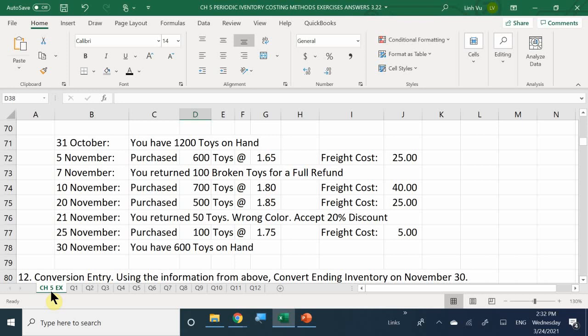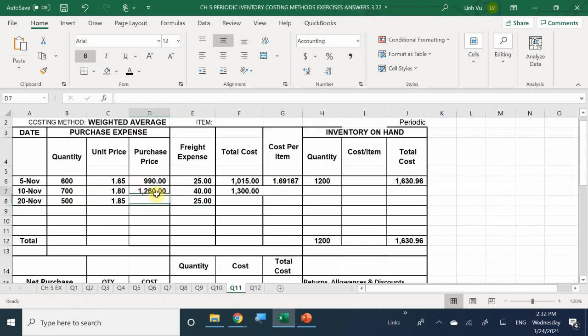Okay. So then what is going to be my total purchase price here? 925 plus your total freight, 950. All right. Once again, don't need to solve for the average cost per item yet.